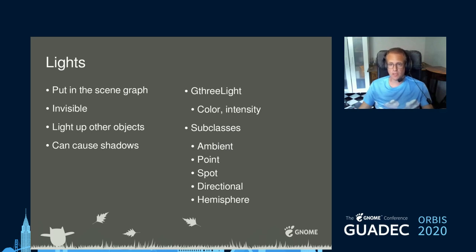And then you add point and spotlights for specific lighting. A point light is kind of like a light bulb, whereas a spotlight has a direction and a cone of light. And these are more like sunlight and sky-ground kind of lighting.